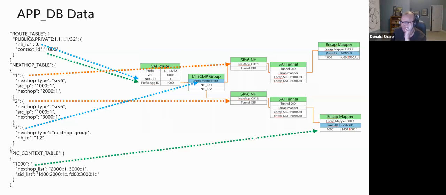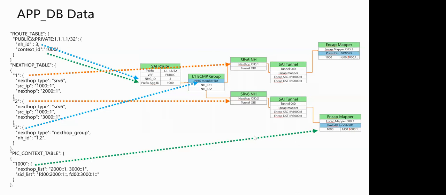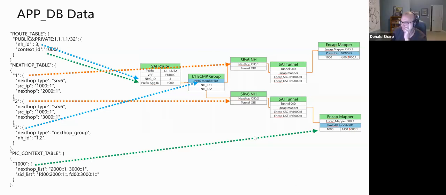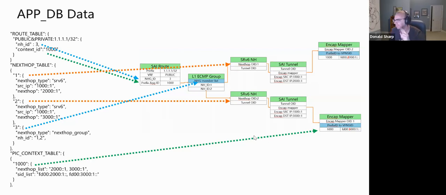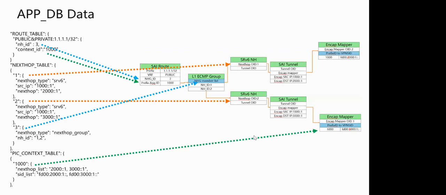Zebra itself is actually doing the recursive resolution and sending the next hop. Yeah, but today we are collapsing them into one level. If we take the next hop group approach, ideally I could get level 1 and level 2 set independently, with level 1 having a dependency on level 2. That one needs the SAI change.